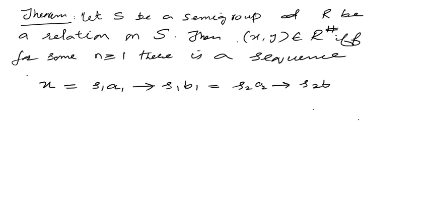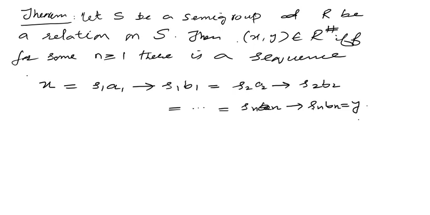Then S2 B2, then finally the last transition is SN AN to SN BN, and SN BN is equal to Y.